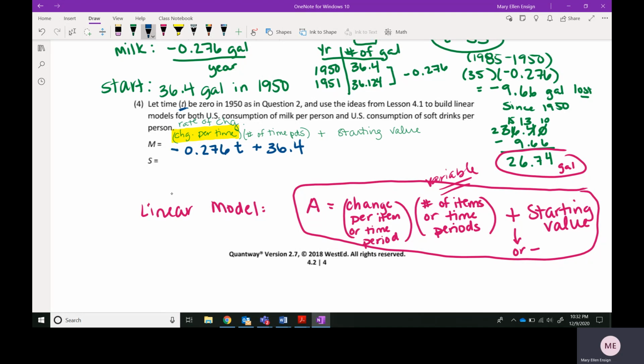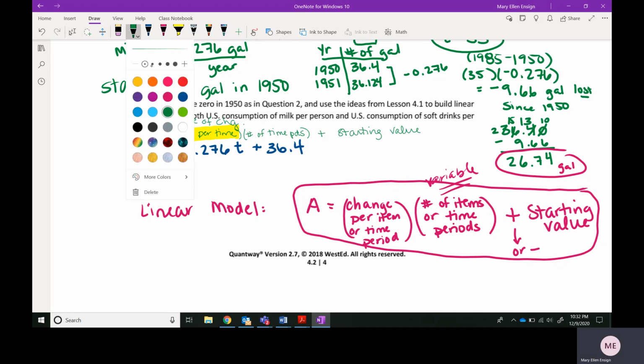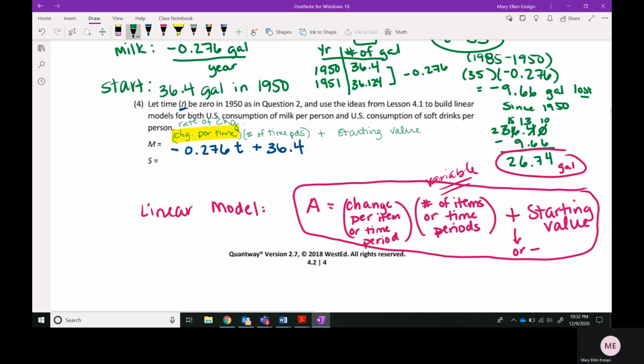Okay, now if you didn't stop it before, or if you did and got it wrong, you didn't get to go on to the second one, go ahead and stop it now and do the same thing for soft drinks. Okay, so for this one, we should have very similar setup. Our change, remember, for the sodas was positive. Let me go back up here.